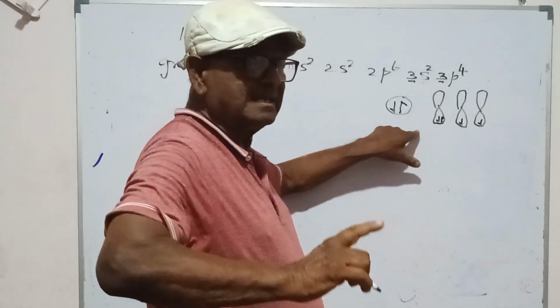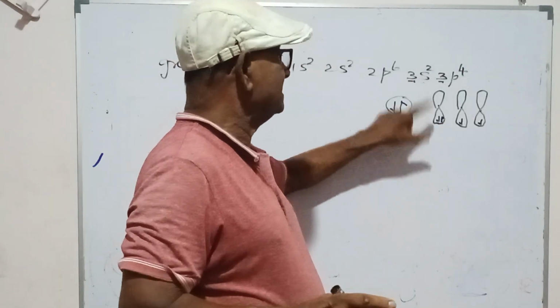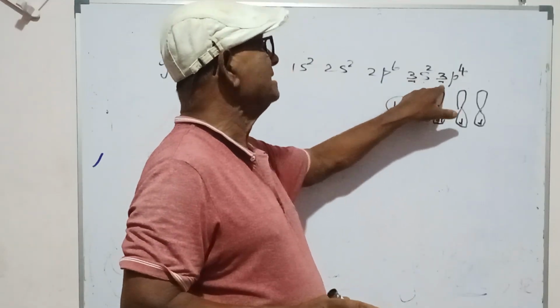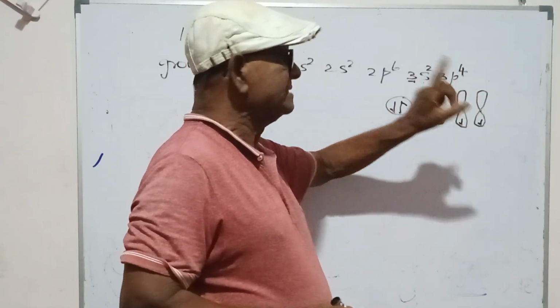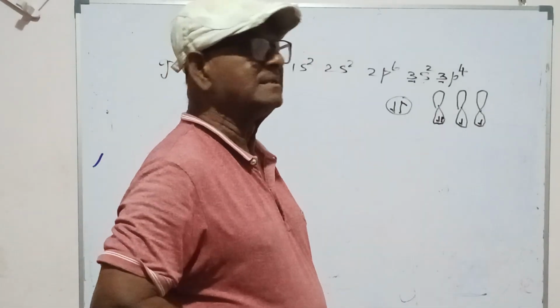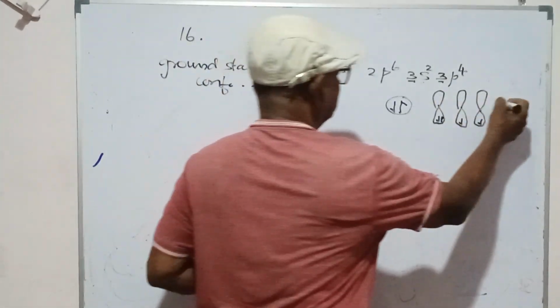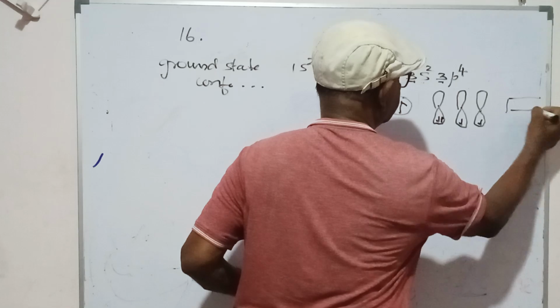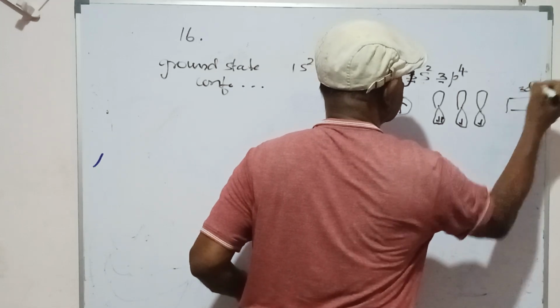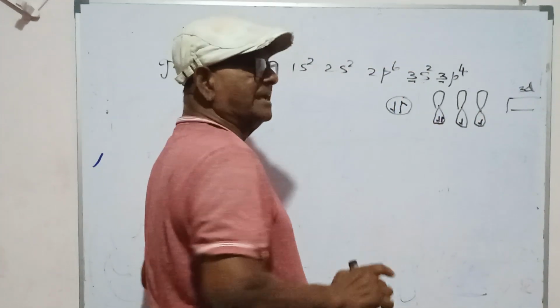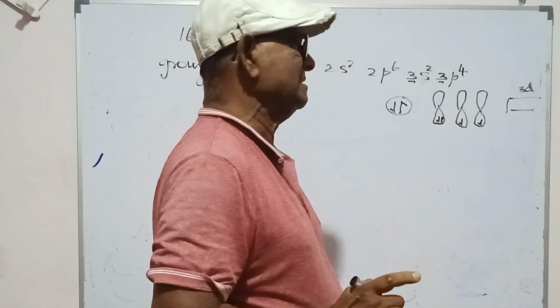So as in the phosphorus atom, the third principal energy level has 3d orbitals also. We must know that 3d orbitals are present here. How many orbitals? 5 orbitals.